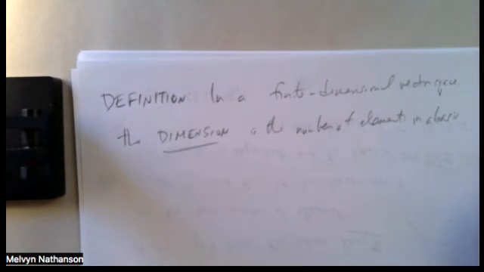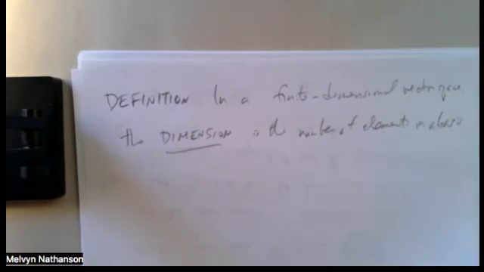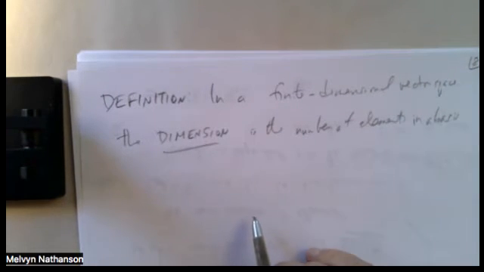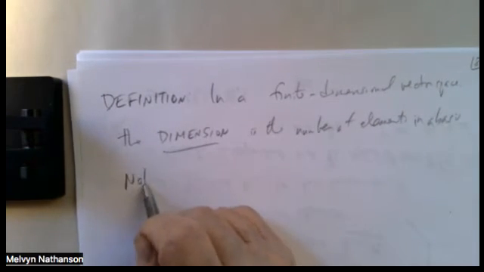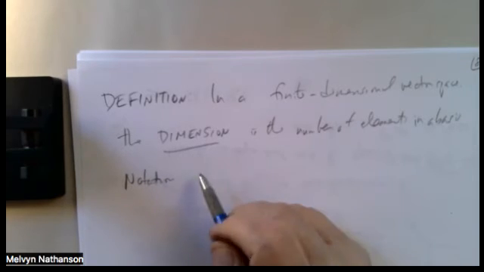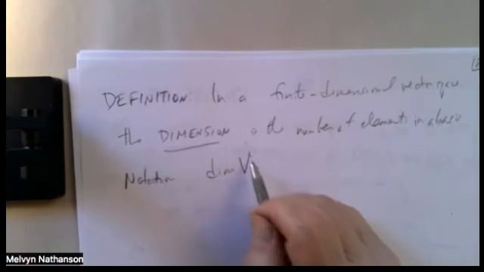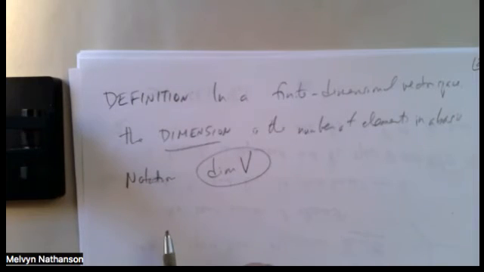And this is independent of what basis you choose, because we just showed that all bases have the same number of elements. The notation for dimension is simply dim V. This means the dimension of the vector space V.